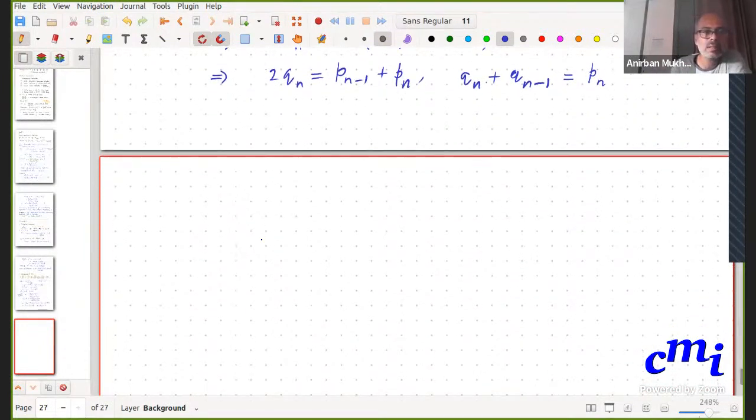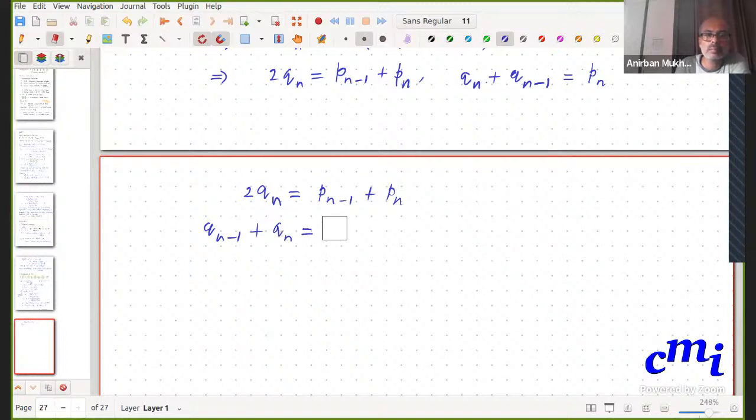So let's write them side by side. So 2Qn is equal to, let's write it as Pn minus 1 plus Pn. And then on this side, Qn minus 1 plus Qn is equal to Pn. Let's write like this, so Pn below Pn.